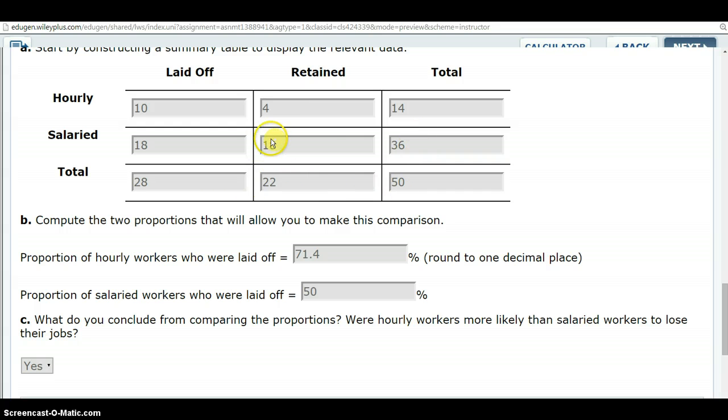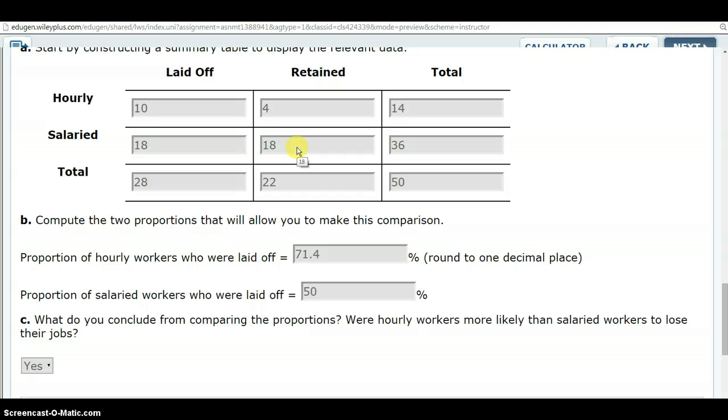For example, if we didn't know this 18, but we knew that these two added up to 14, and we know that these two numbers added up to 50, we could subtract 50 minus 14 to get 36. And since these two entries have to equal 36, if this is 18, we can subtract to find out that this is also 18.